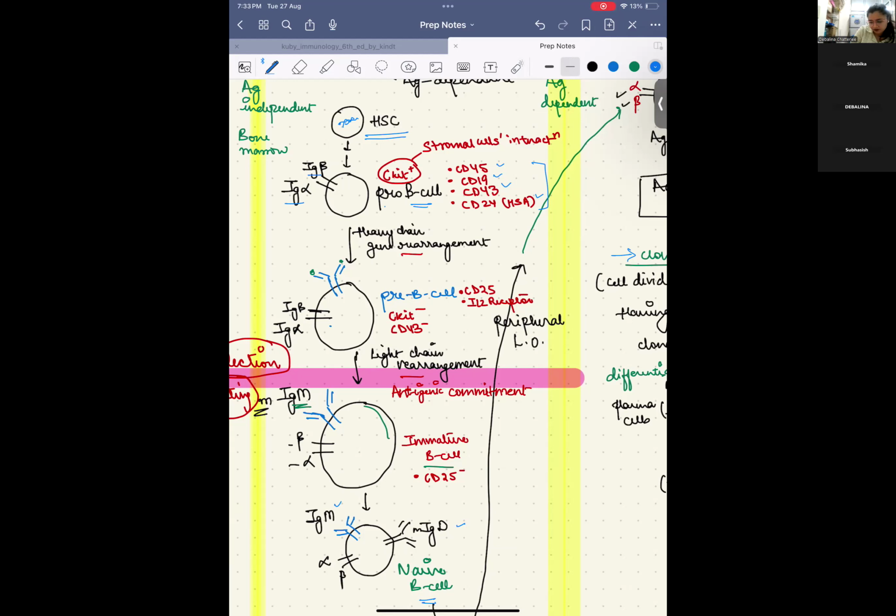Let's say it can have V1, D7, and J3. Of all the different combinations that can be produced, let's say we have an antigen that can only bind if the variable region of a heavy chain is made like so.